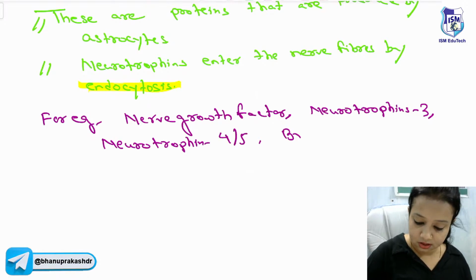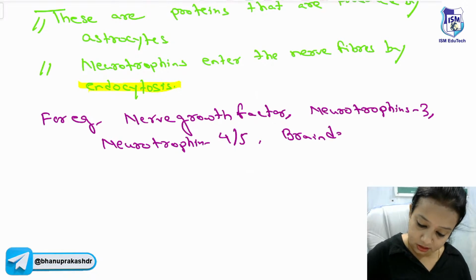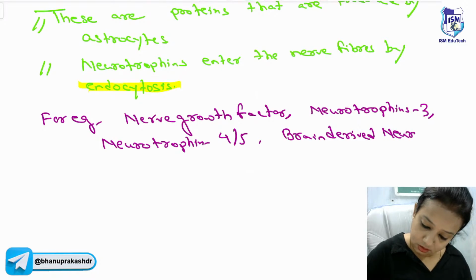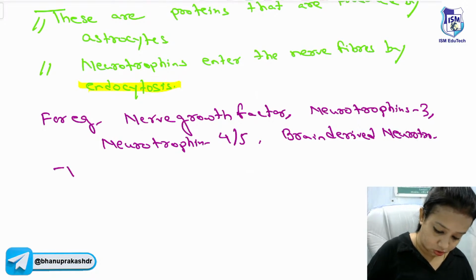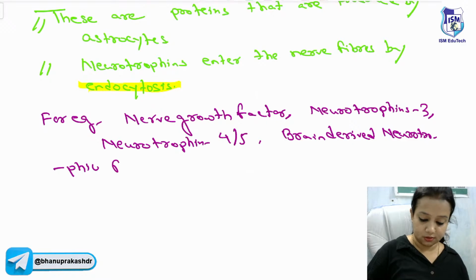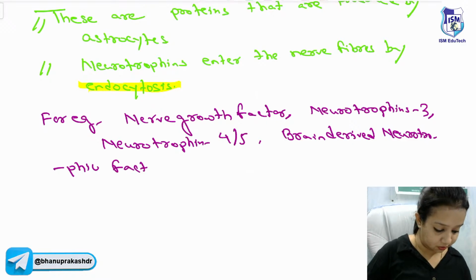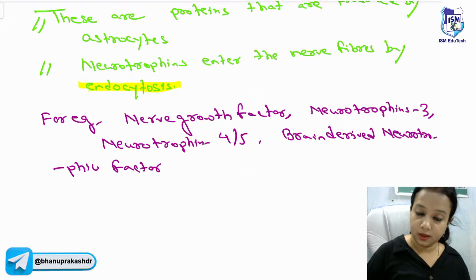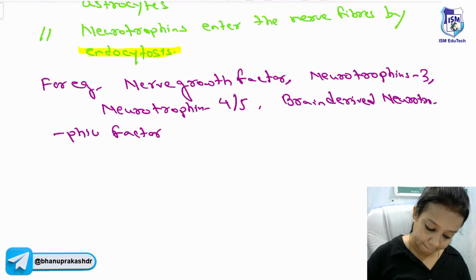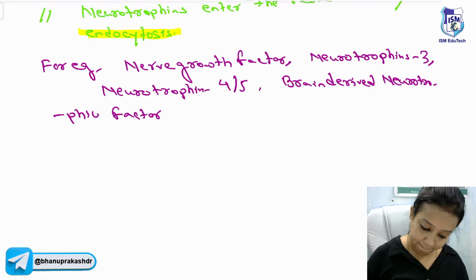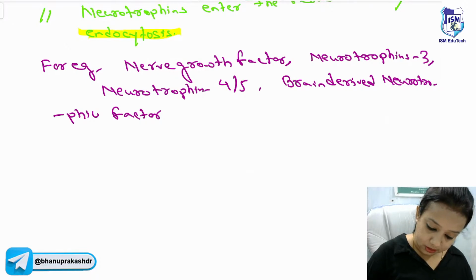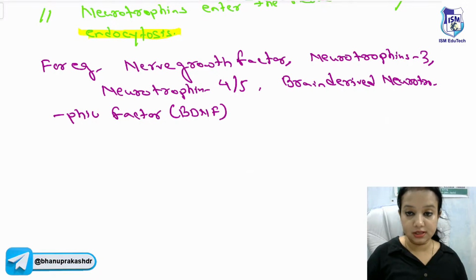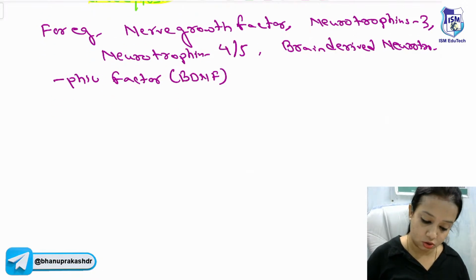Then we have brain-derived neurotrophic factor. So these are the examples of a few neurotrophins.